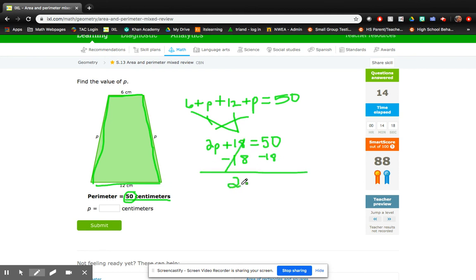And I'm going to get 2p is equal to 32. And then I'll just divide by 2. And I'm going to get p is equal to 16. And I could check that by putting 16 and 16 here, adding up and making sure that I really do get 50.